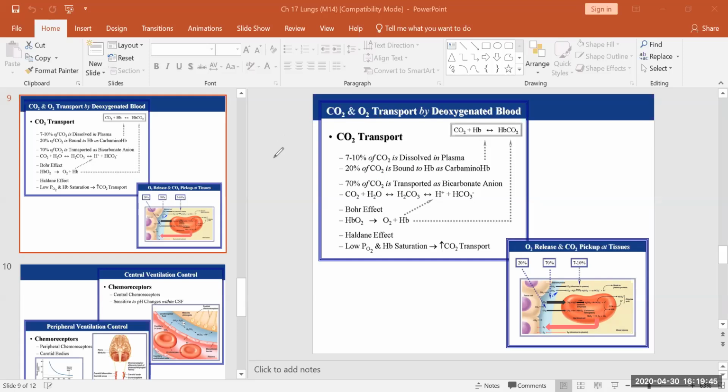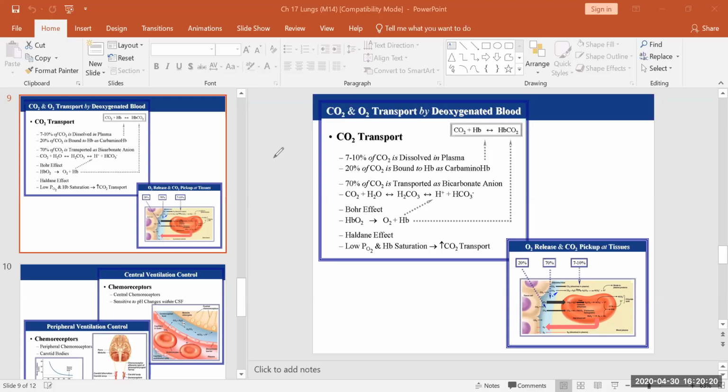And that's on page 488. The figure is 17.13. So page 488 of your Stanfield textbook.